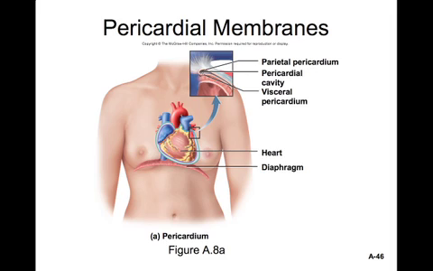This double layer comes back and wraps around, and then it's going to form the pericardial cavity. This is the parietal pericardium, the layer that you see right here. So now we have this double membrane wrapped organ. Inside the pericardial cavity, we'll see pericardial fluid.